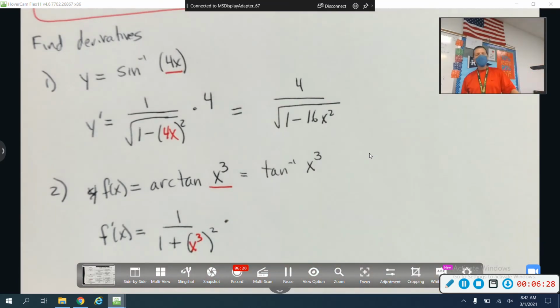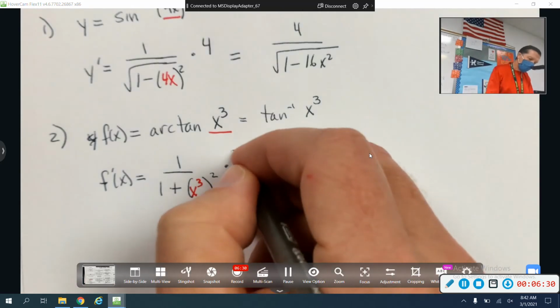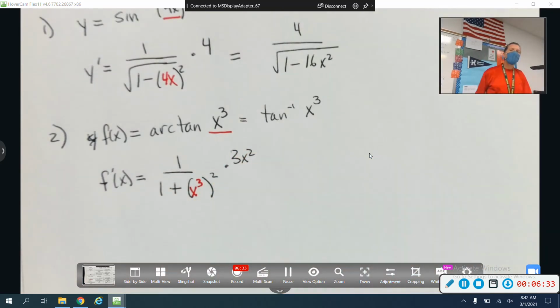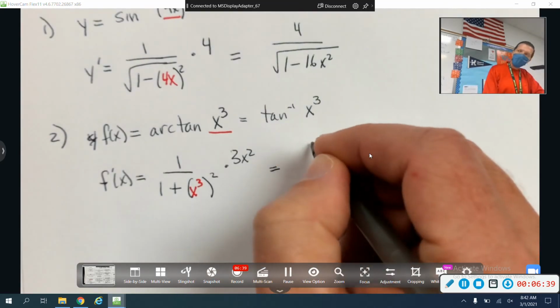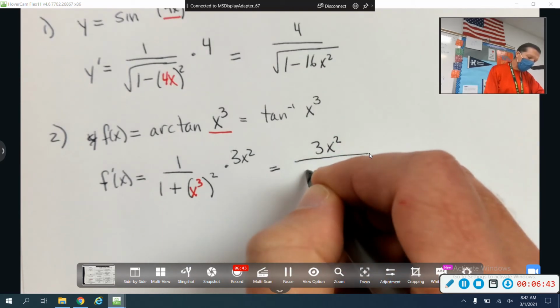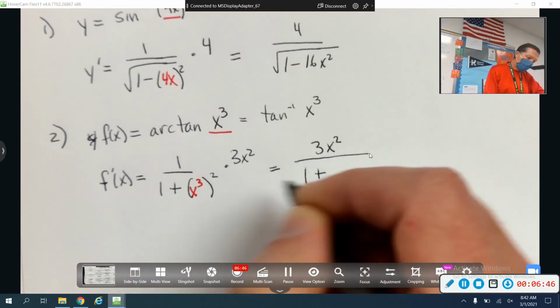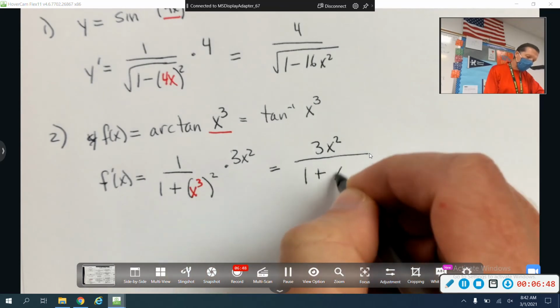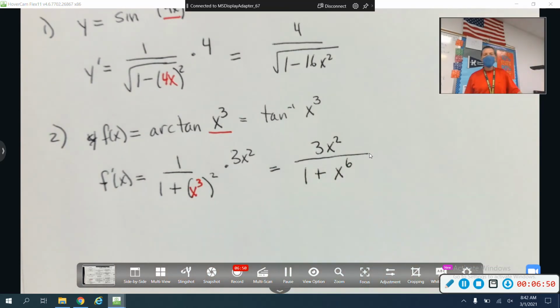And then chain rule, the derivative of x cubed is 3x squared. Perfectly acceptable safe stop. Back of the book, Calc Chat, AP tests, multiple choice is going to clean it up a little bit. Power to a power, we multiply. So 3x squared over 1 plus x to the 6th.